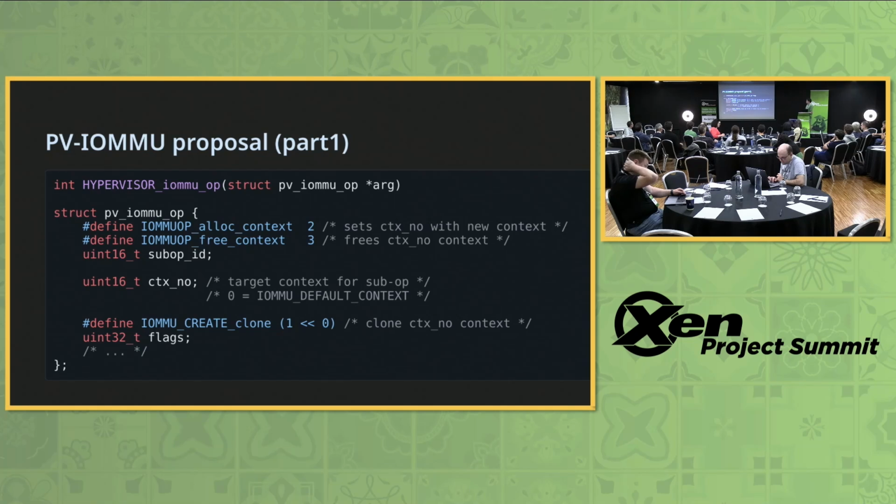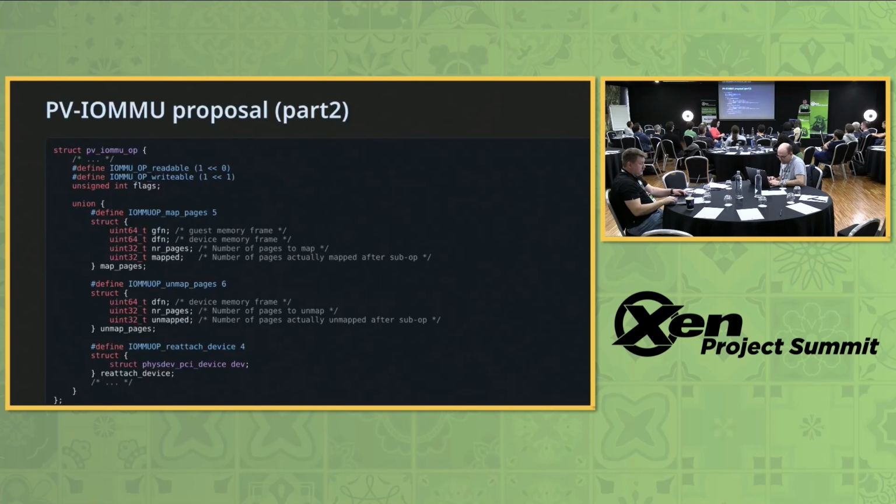That covers allocating and freeing, but we also need to modify the IOMMU context: mapping and unmapping pages. For the map page operation, we specify a memory frame from the guest view, which is the guest's physical memory, and the device frame page, which Linux calls the IO virtual address.